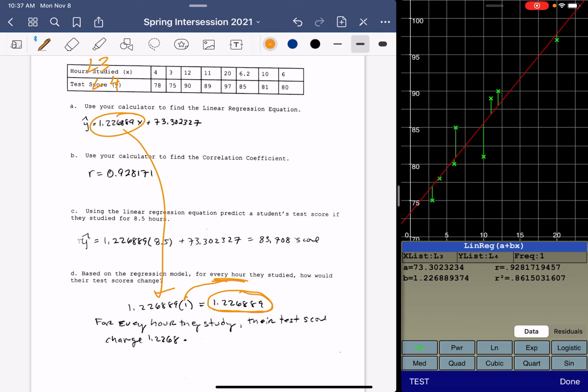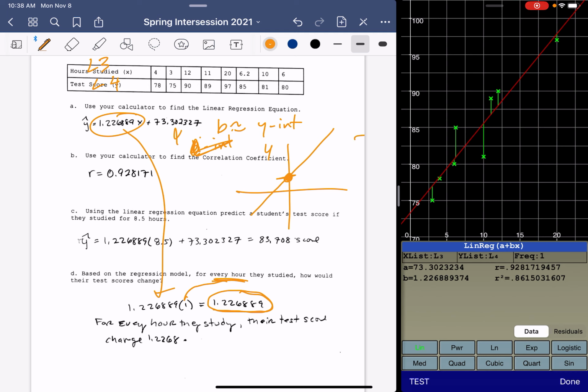Because see, B is the y-intercept, right? And if you think about it, B is constant. Let's say the line was going this way, which it is.